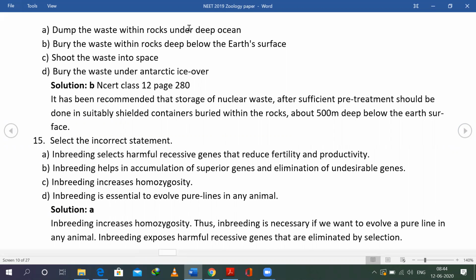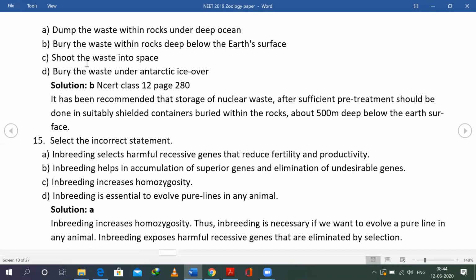And if you are dumping it within rocks in the deep ocean without any containment, the underwater organisms might severely get affected. So we should not be doing it. And bury the waste within the rocks deep below the Earth surface. Deep below that surface, this is half a kilometer, that is 500 meters deep. In sealed containers you have to do it.